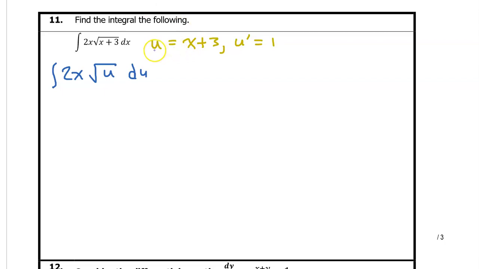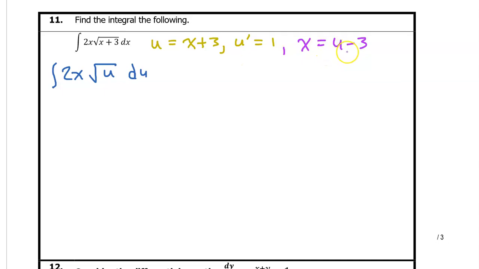Staring at the tiny equation u is equal to x plus 3, if we were to solve this equation for x, we would subtract 3 from both sides, which would give us x is equal to u minus 3.